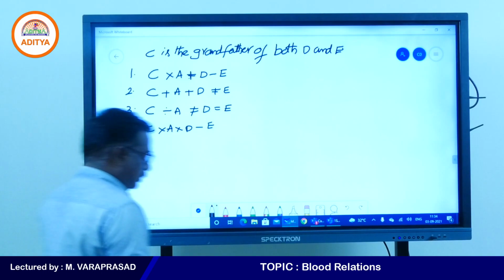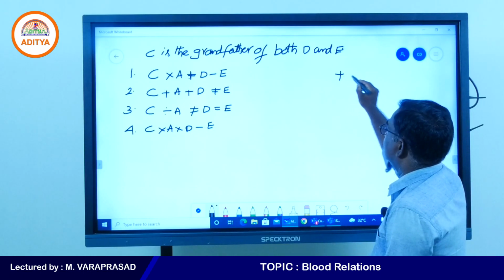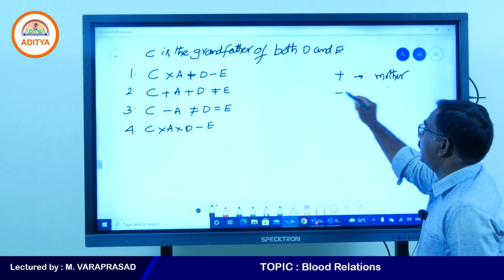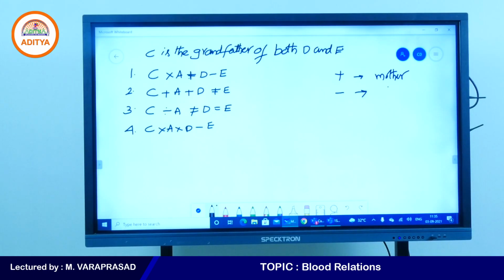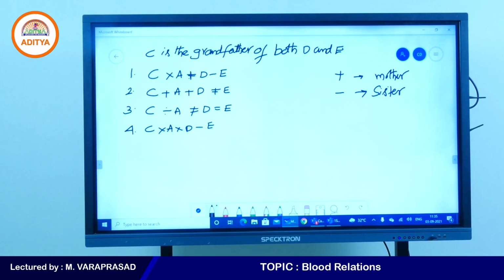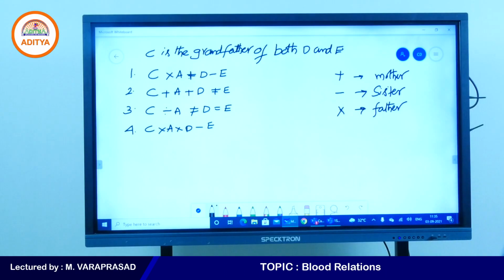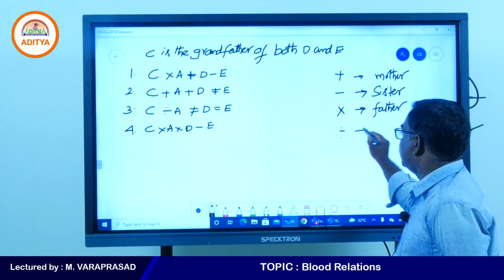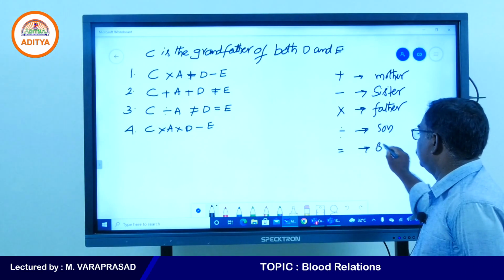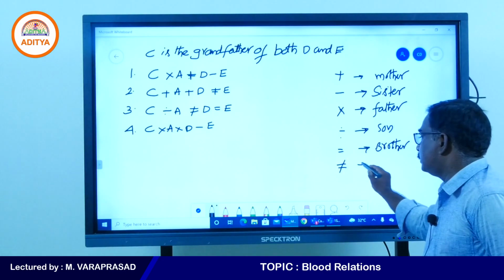The relations say here: plus means mother, minus means sister, into means father, divided by means son, equal to means brother, and not equal to means daughter.